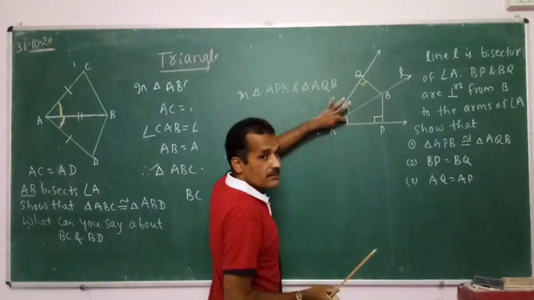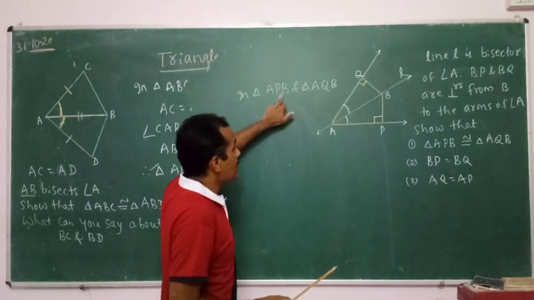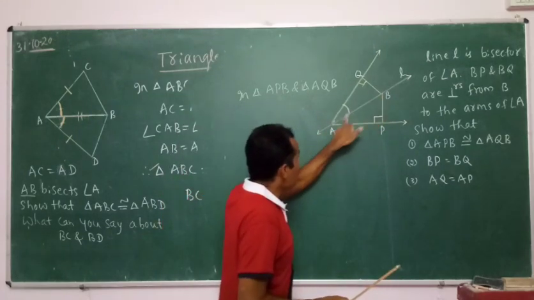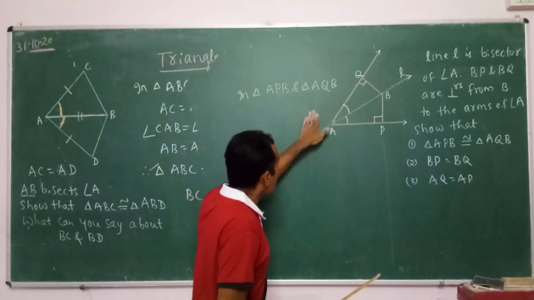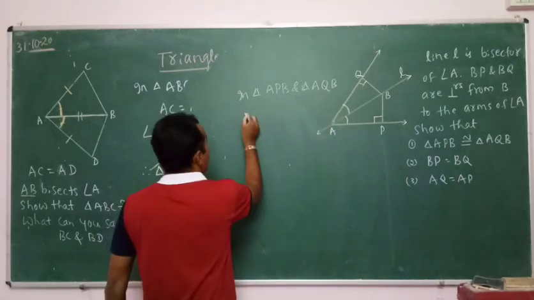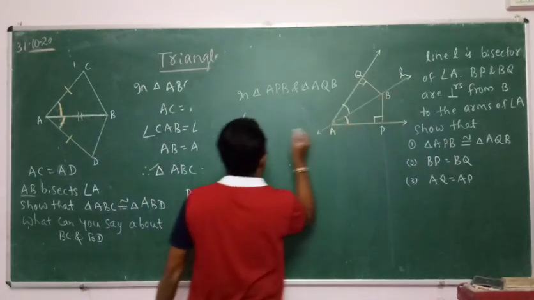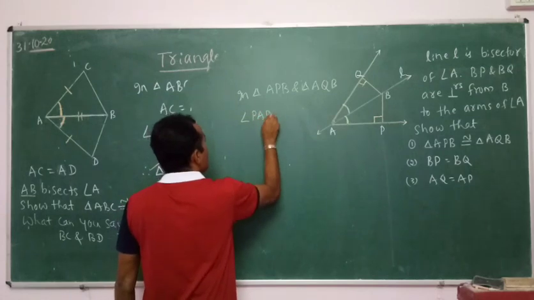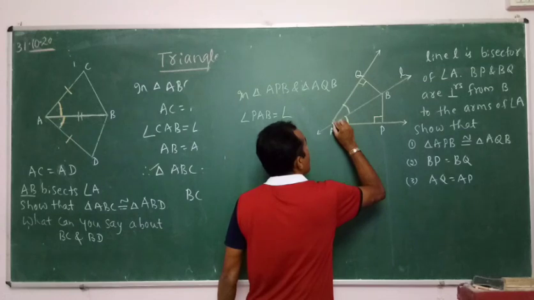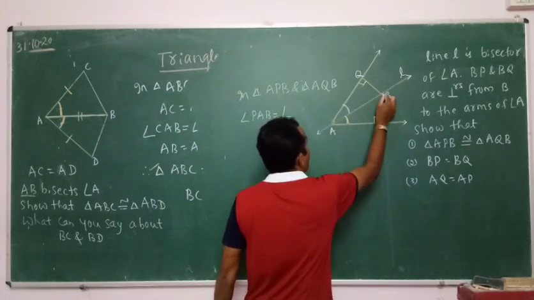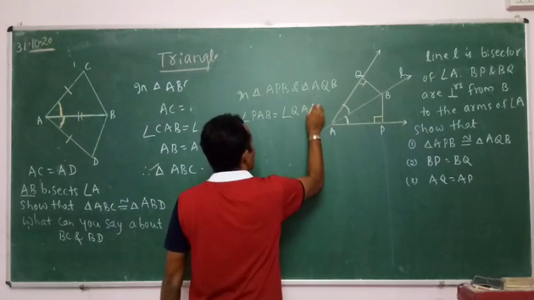This angle is equal to this angle, or this angle is equal to this angle. But when I take triangle APB first, I should take this angle under this part. I can write angle PAB is equal to angle QAB.